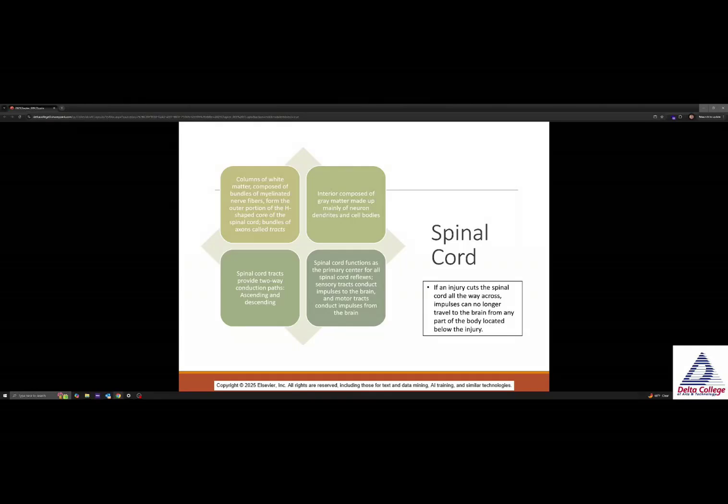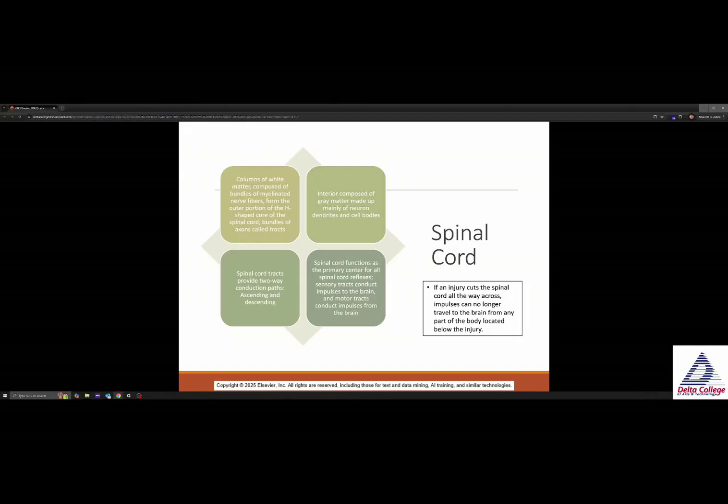The spinal cord functions as the primary center for all spinal cord reflexes. So all of the spinal cord reflexes come through the spinal cord because it is the primary center. Sensory tracts conduct impulses to the brain, and motor tracts conduct impulses from the brain. Now, I want to make a note here.